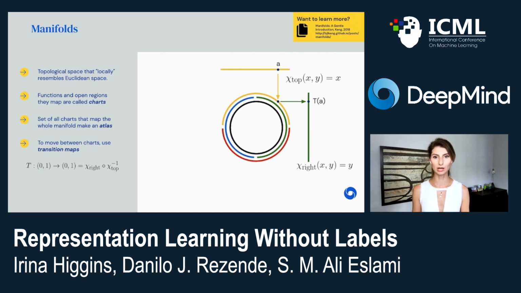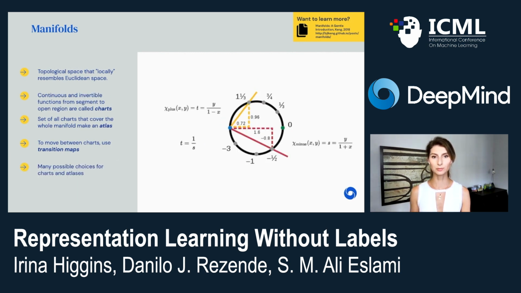The same thing allows us to move between the different charts of a manifold. For example, to move from the top chart to the right one, we can use the composition of the inverse of chi top and chi right. The resulting function is called a transition map.